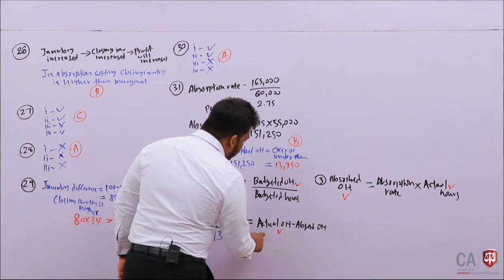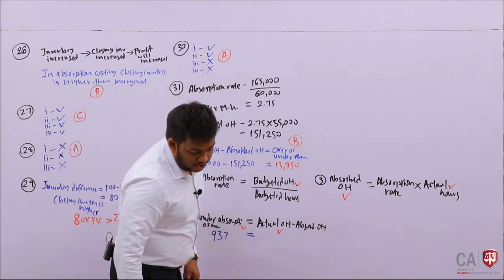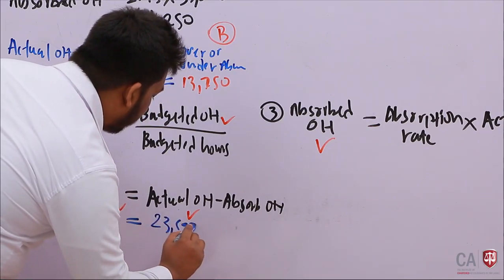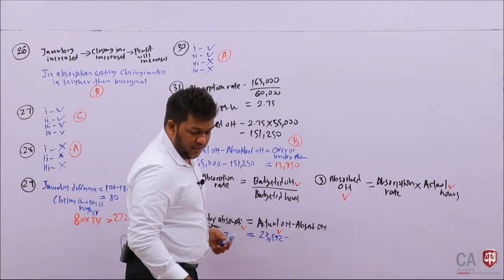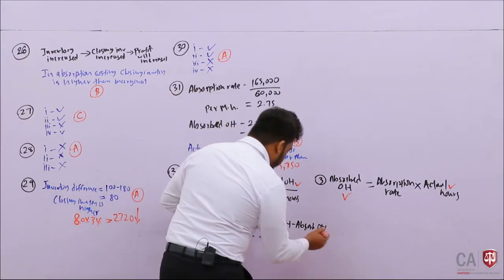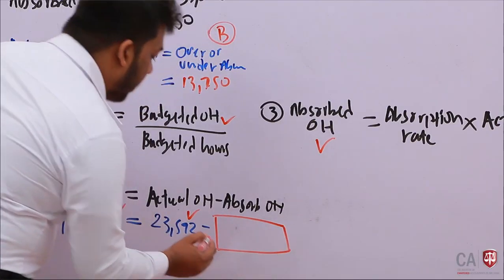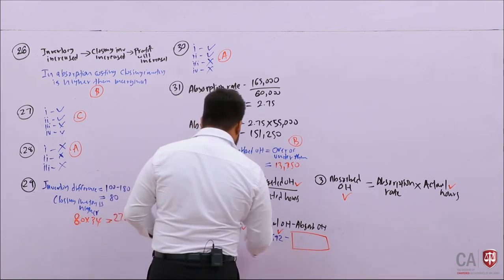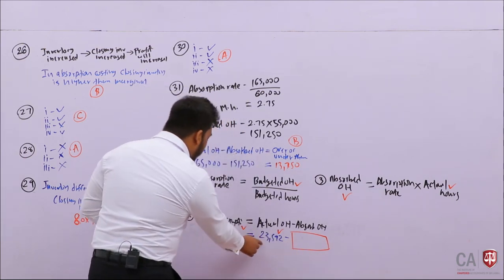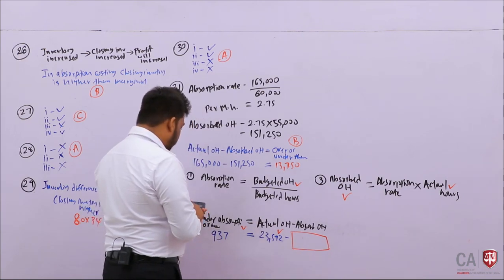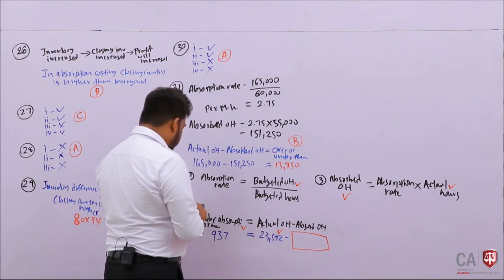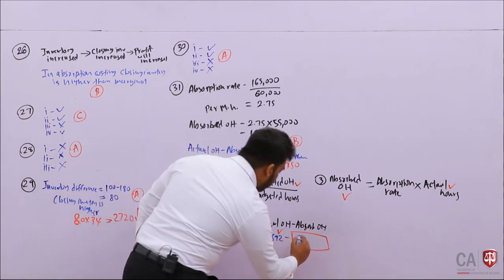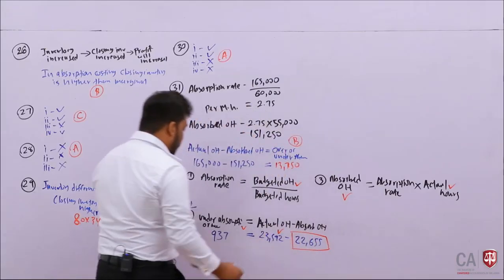Actual overhead, how much? 23,592 minus whatever the answer you are getting will be the absorbed overhead. So this minus this equals this. 23,592 minus 937, see what is the answer? 22,655. Then this is done.